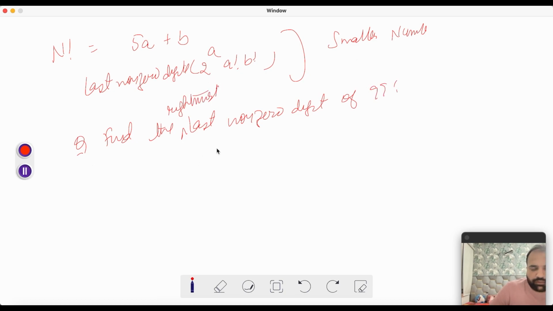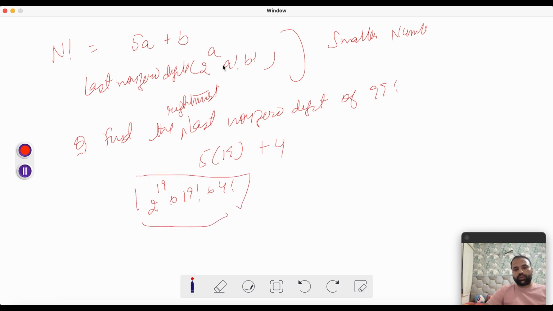So again, if we break it, it will be 5 into 19 plus 4. So a would be 19. If we break it into 2 to the power 19 into 19 factorial into 4 factorial, this goes very lengthy. It will be time consuming. So this process is only for smaller numbers. For bigger numbers, we have a different method that I'll be telling you now.